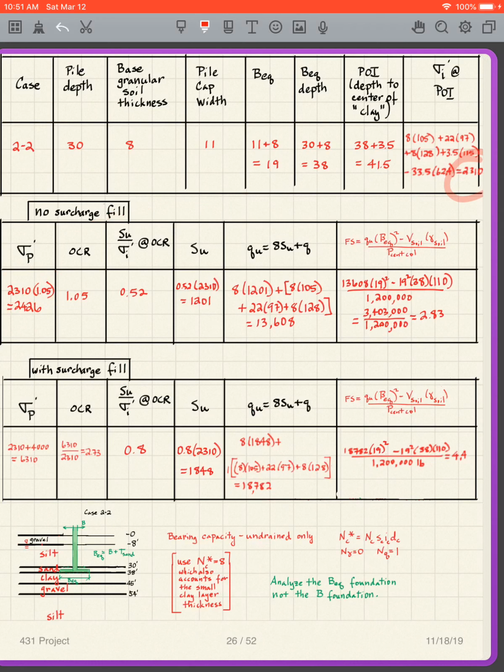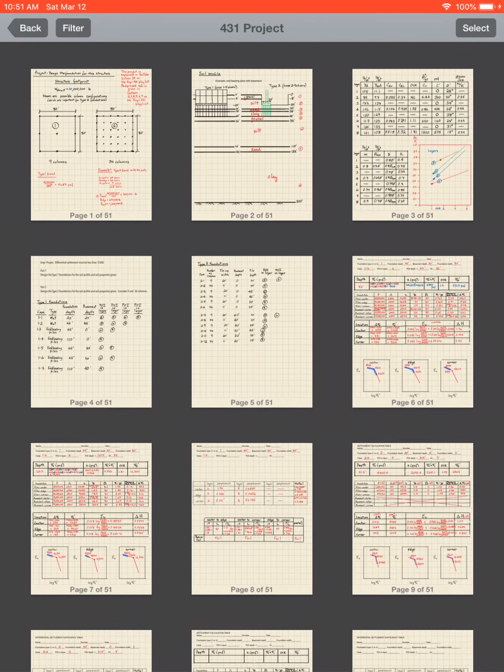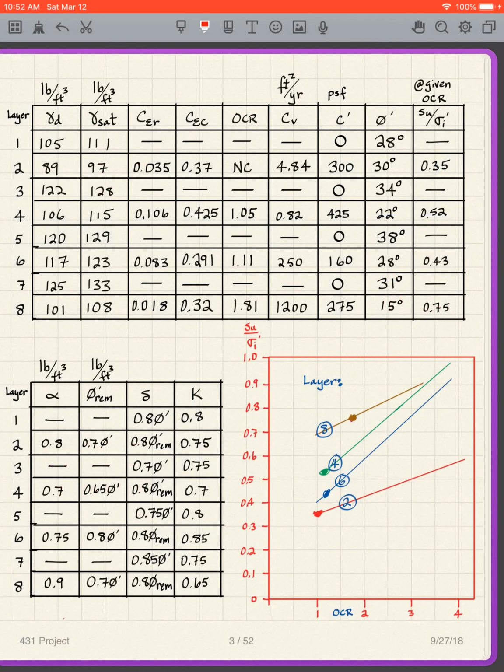So now we want the SU over sigma prime I at that OCR. And how do we get that? Well, again, we go back to our soil properties, and it's basically given. There's our layer 4, there's our OCR 1.05.